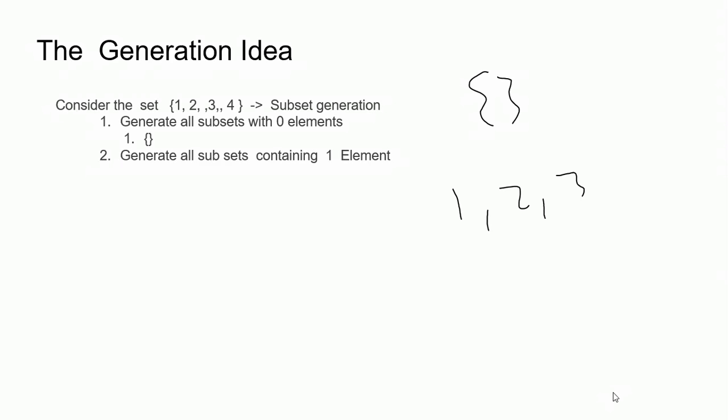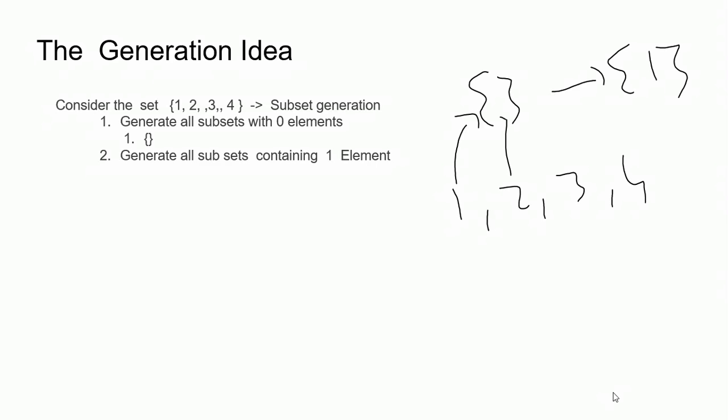Now let me generate all the subsets with 1 element. Given the set 1, 2, 3, 4, one way to generate subsets with 1 element is to take the null set and keep on adding all the elements that are present in the current set. If you add 1, the subset 1 is made.